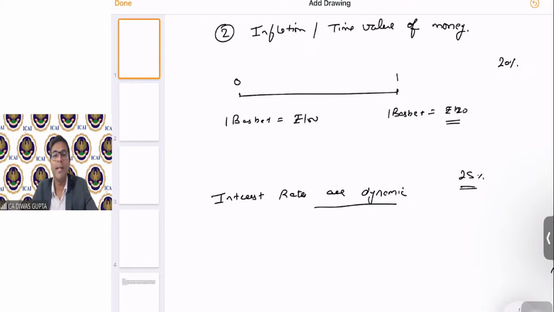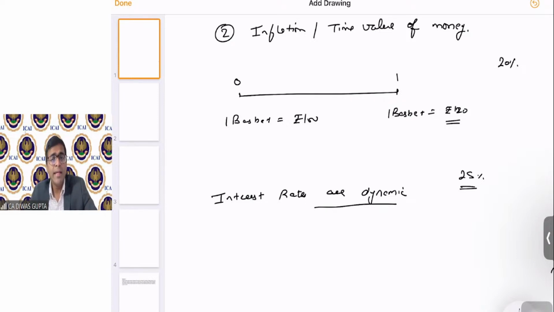And if the supply of money is higher compared to the demand of money, the interest rates will go down. Correct? Similarly, if the demand of money is higher, people are seeking more loans, people are expanding their businesses, they want higher loans. So in that case, the demand of money will go up and hence it will increase the interest rates. Okay, so there are market factors that impact the interest rates.